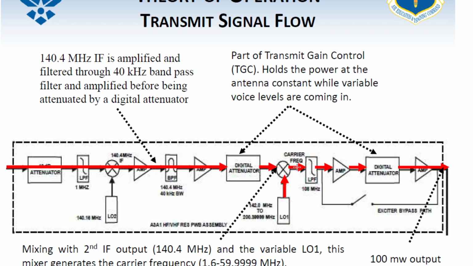It holds the power at the antenna constant while variable voice levels are coming in. Now, this is at the antenna. Remember that. On the receive side, we're going to talk about it again, the digital attenuators, but they're going to have something called AGC, that's automatic gain control. And that's responsible for holding the power constant while the variable voice levels are coming in at the receiver, the thing you talk into.